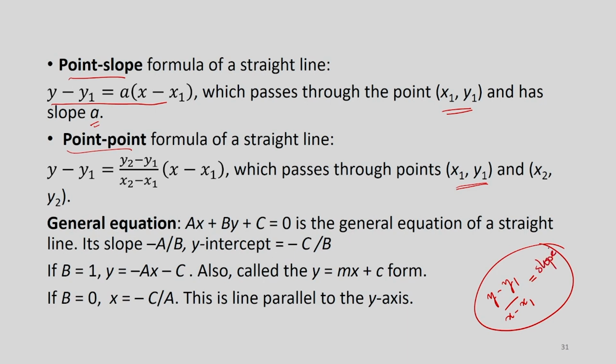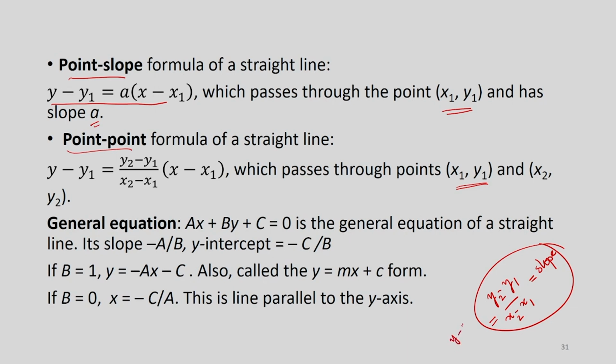So, we know that this is the slope, because x1 y1 and x2 y2 is given to us. At the same time, we take another arbitrary point on this line, which is, let us say, x y. So, this should be equal to the slope formula if we use x and y.